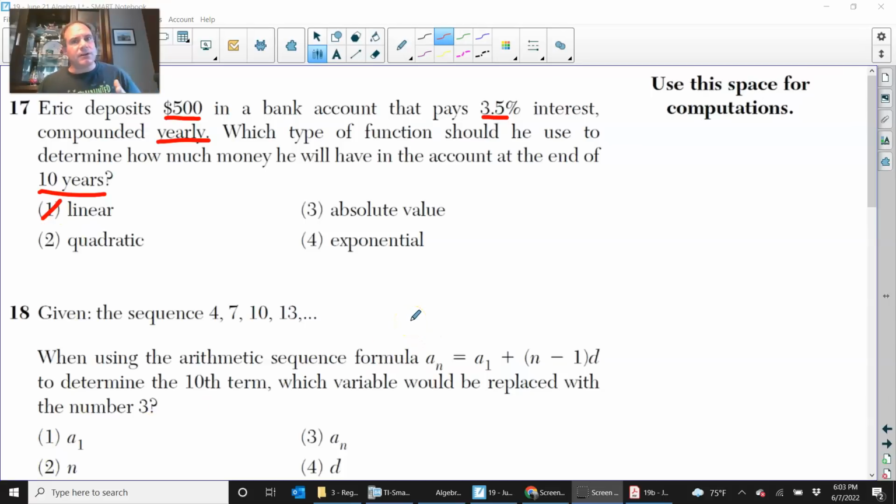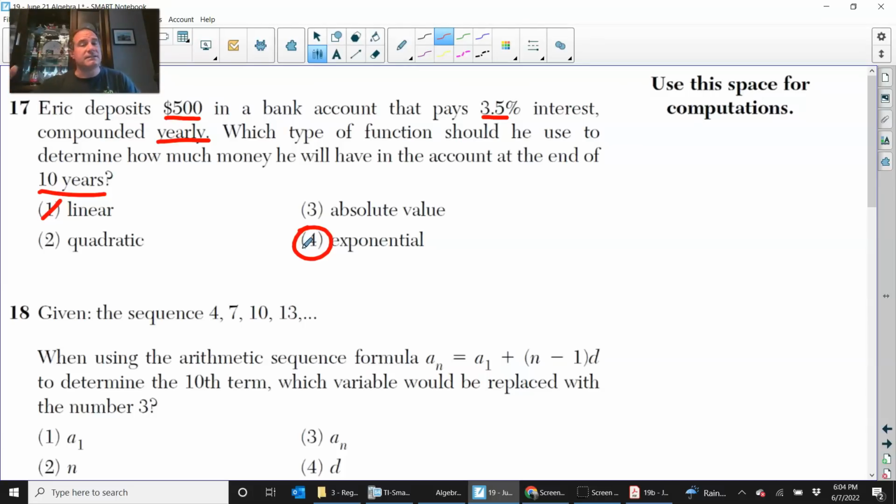So the one that I'm going to go to is saying, I'm going to get to the next value by multiplying, all right? Multiplication. And the only one that does that is exponential functions. So just remember, if you're adding or subtracting the same amount, that's linear. It remains a constant rate.